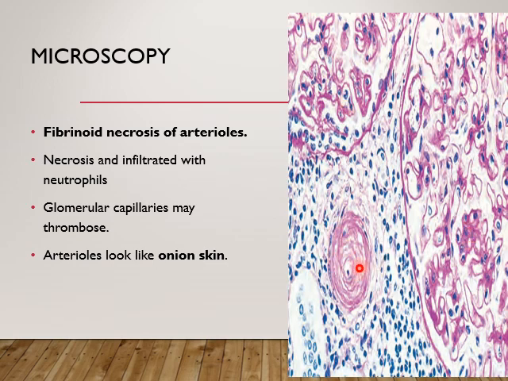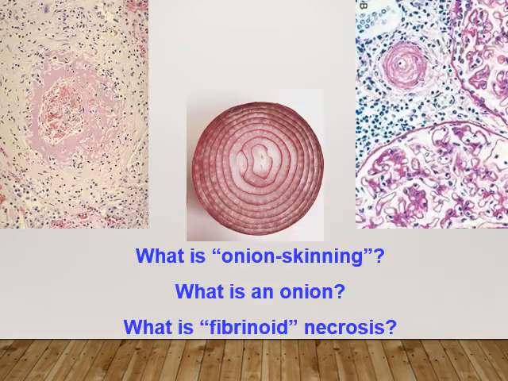So this onion skinning should be remembered. It's one of the typical features of malignant nephrosclerosis. This is the visual of how the onion skinning appears in the arteries, small arteries and arterioles, which are studded with chronic inflammatory infiltrates.